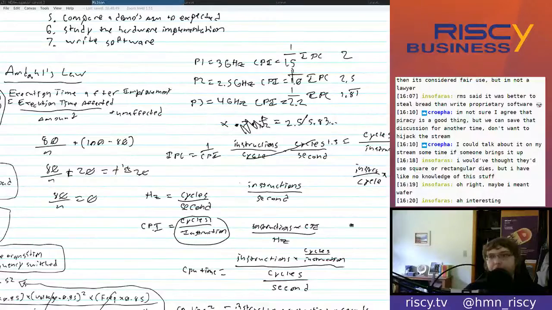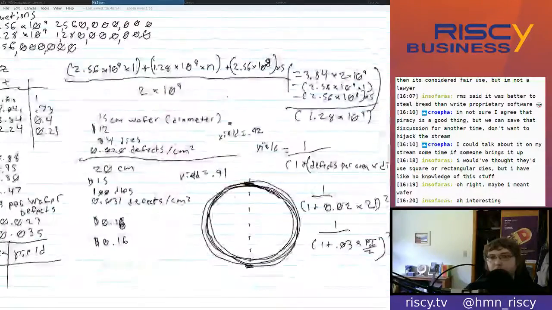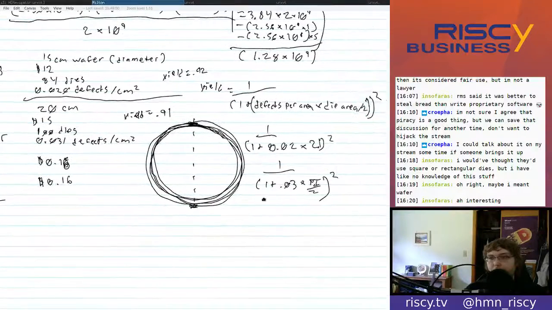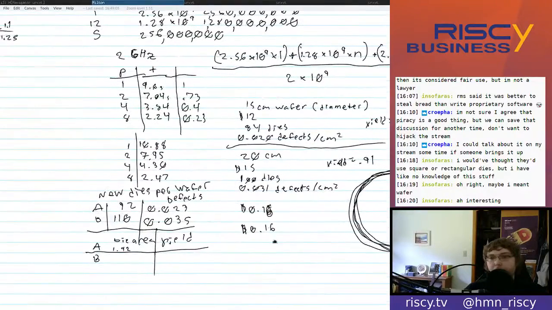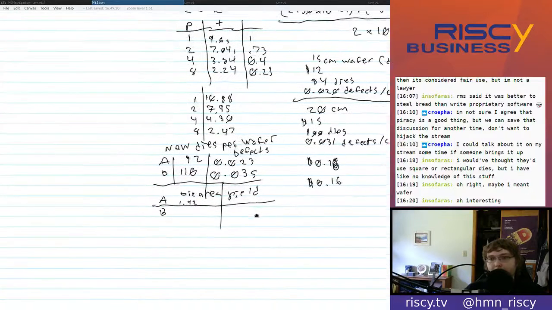Like the insignificant decimal places changed, but I don't think those decimal places are significant enough. So I think it's still 16 cents per die. They didn't give us a unit on cost, but I'm just saying, if the 12 is 12 bucks, then 16 cents in like US currency.